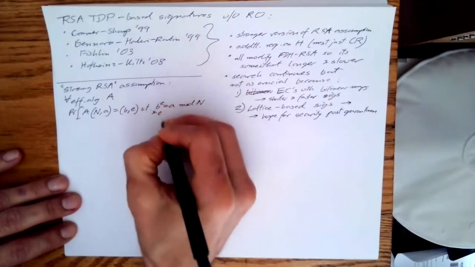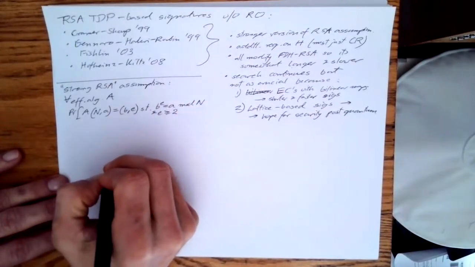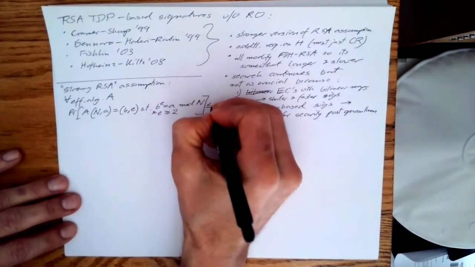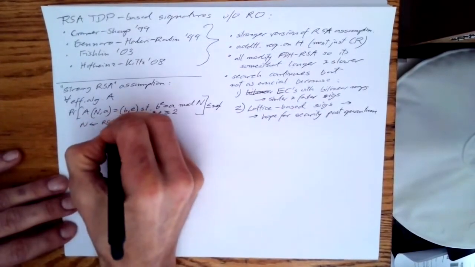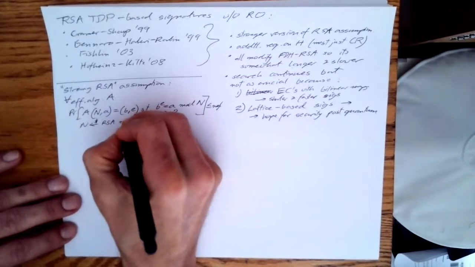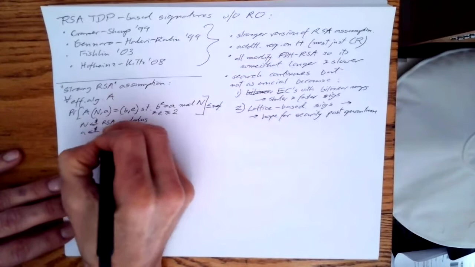And E has to be non-trivial, so it's at least 2, is negligible, where N is an RSA modulus, and A is random in Z_N star.